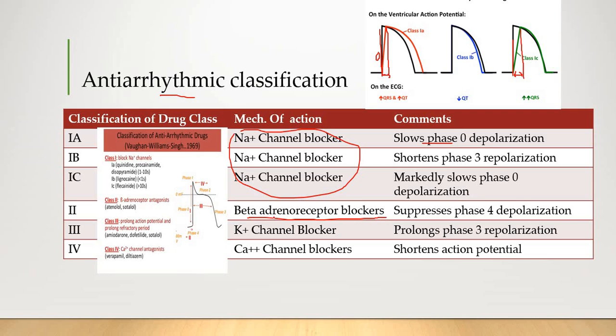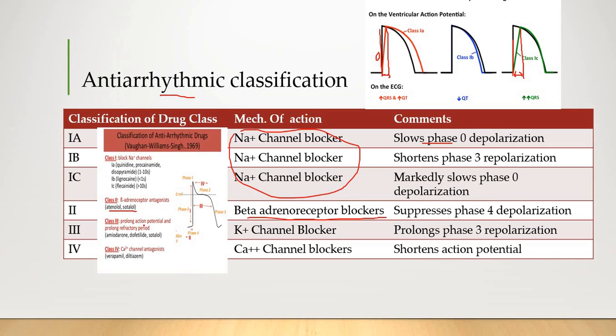So they are beta receptor blocking agents, and they suppress the zero phase depolarization. Suppressing means the slope will be decreased, as I discussed in the previous slide. Decreasing the slope means it will take much more time to reach the threshold, and consequently tachyarrhythmia will be relieved. Beta adrenoreceptor antagonist drugs are atenolol and sotalol.